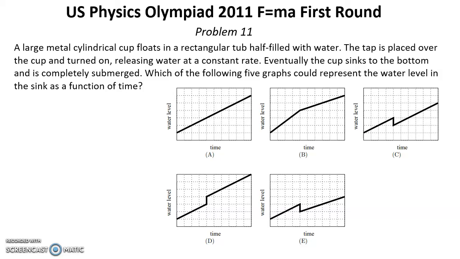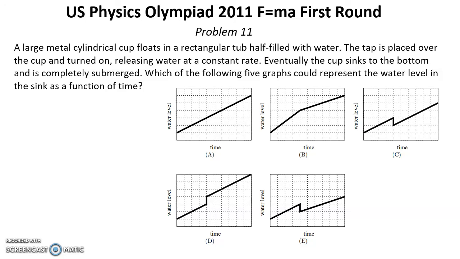If we analyze all possibilities, initially when water is going into the cup, the difference between the level of water in the sink and in the cup will be constant. So the speed of the water level change is constant, and when the level of water reaches the top of the cup, it will sink instantly.